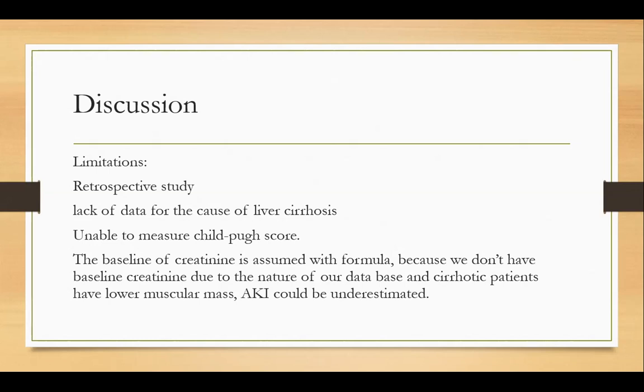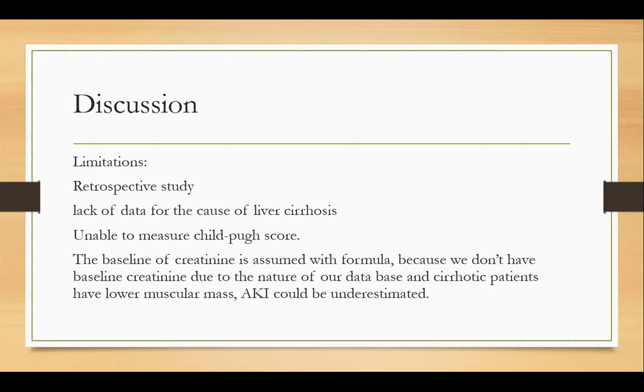Any other reasons why AKI is more common, based on your data? Yes, also the APACHE score. The median APACHE score in our study was 31, while in the other studies it's less than 30. So our patients are sicker. This is one.